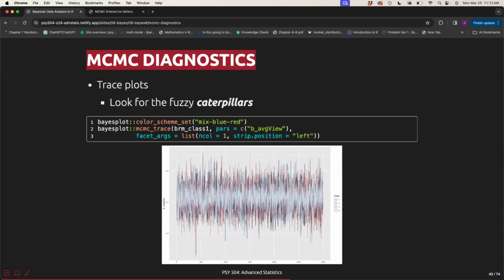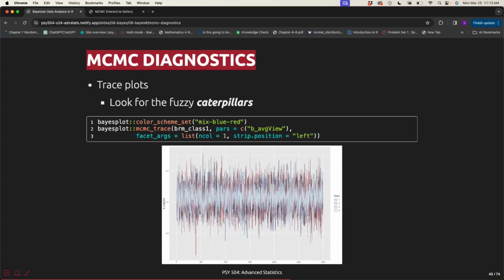This is an example of a trace plot where on the x-axis you have the number of iterations that you completed, and on the y-axis you have the actual parameter space. So this is basically how the parameter space was interpreted at each iteration. Essentially what we want to see is something that looks like a fuzzy caterpillar. This means that the sampling was efficient and that it converged successfully.